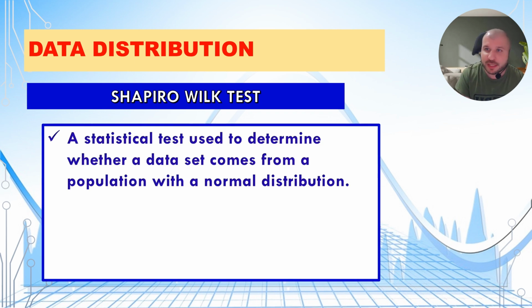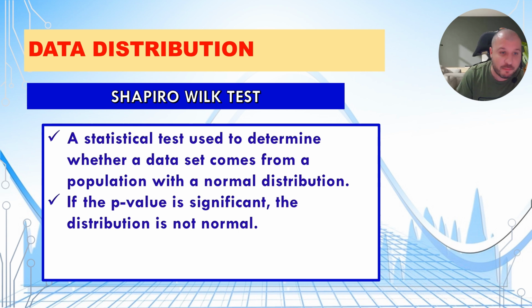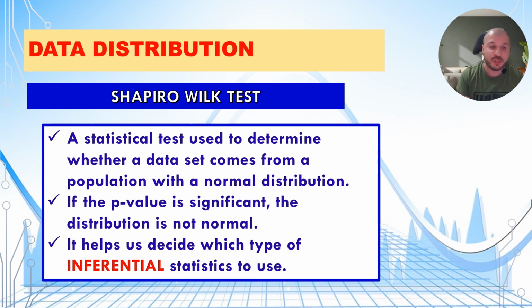So the Shapiro-Wilk is a statistical test that we use to determine whether a data set comes from a population with a normal distribution. Importantly, if the p-value is significant, the distribution is not normal. So it helps us decide which type of inferential statistics to use, and we will comment on that in future videos, right?